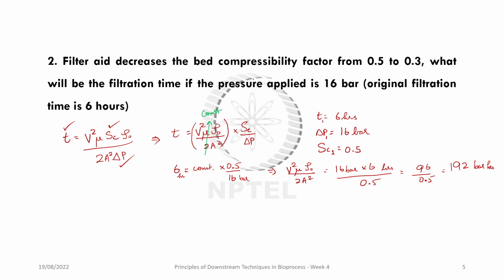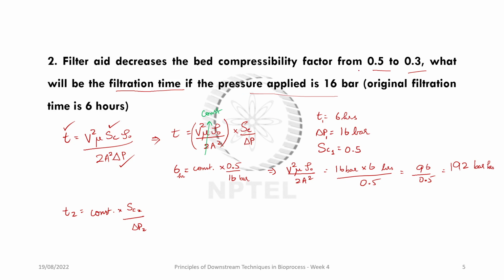When the filter rate decreases the bed compressibility factor from 0.5 to 0.3, what will be the filtration time? So T2 is what you need. Again, T2 is equal to the same constant into SC2 divided by delta P2, and there is no mention of the pressure changing, right?